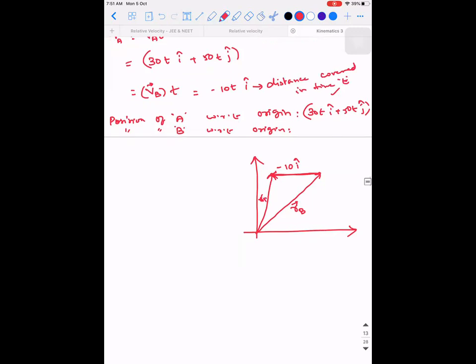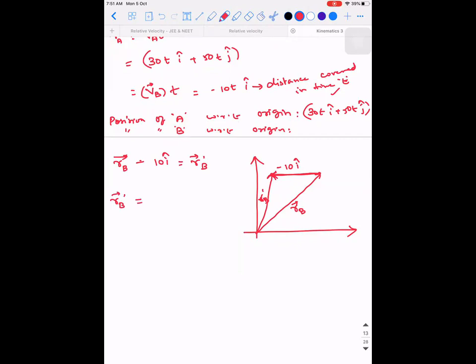Now, if I call this RB dash, then what is the relation between RB dash and all other parameters? Apply triangle of vectors. RB vector minus 10T I cap is equal to RB dash vector.